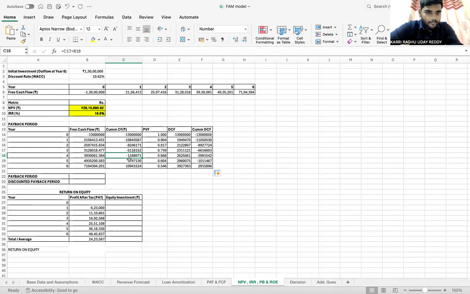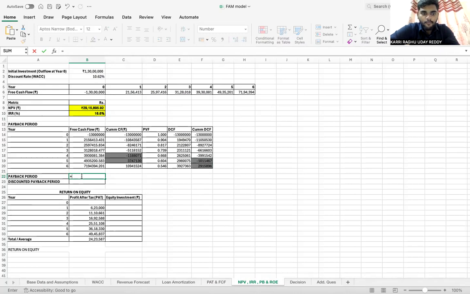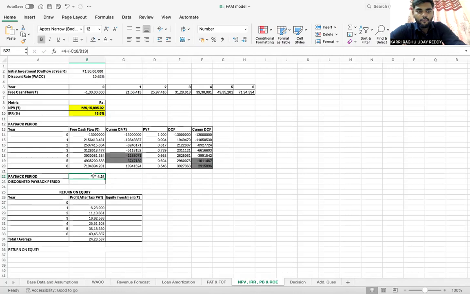So the payback period will be between 4 and 5. Now let us mark this 4 and 5. And here it will be between 5 and 6. So 4 plus, without sign we have to take this value, I'm putting negative here, and divided by this value, we'll get the payback period. So I'm getting a payback period of 4.24 years.